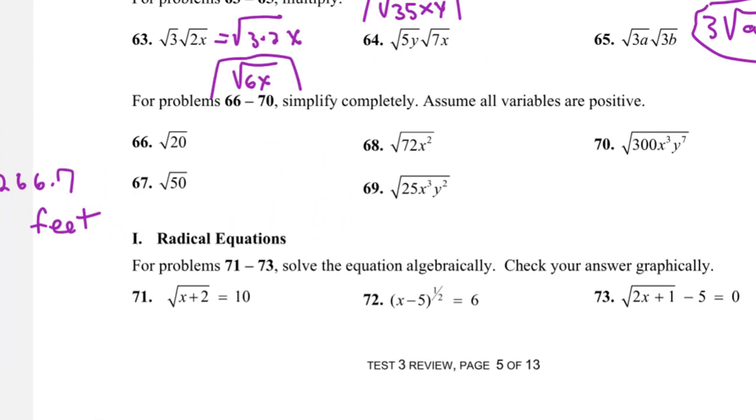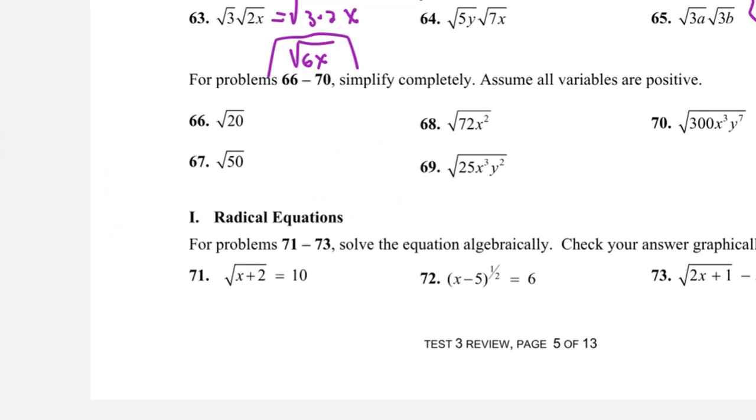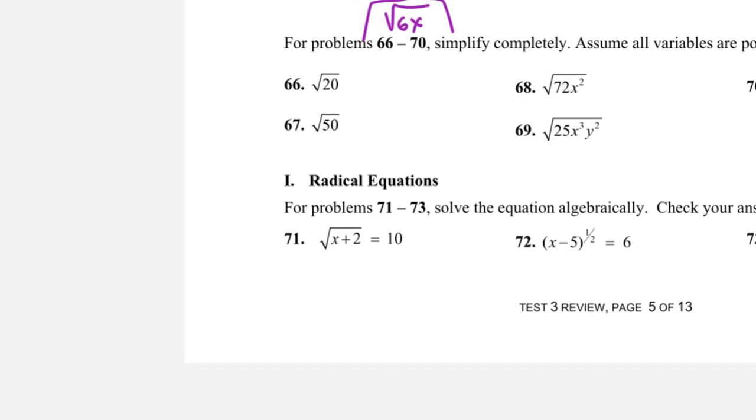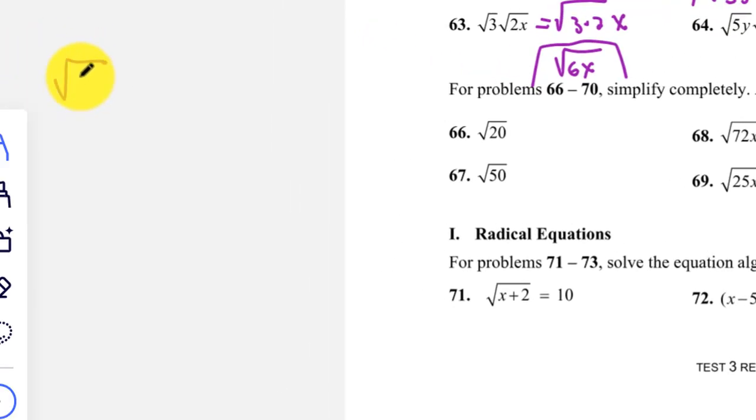I want to erase some of this. So let's take a look at number 66 and 67. All right, 66, we can rewrite the square root of 20 as the square root of 4 times the square root of 5, right? Because 4 times 5 is 20. And the square root of 4 is 2, and we still have that square root of 5.